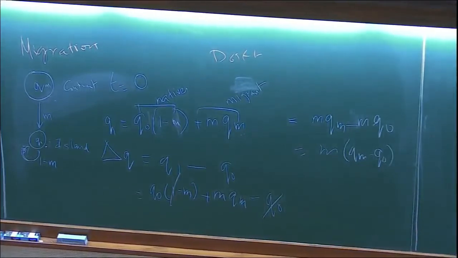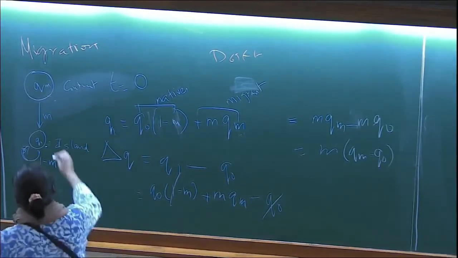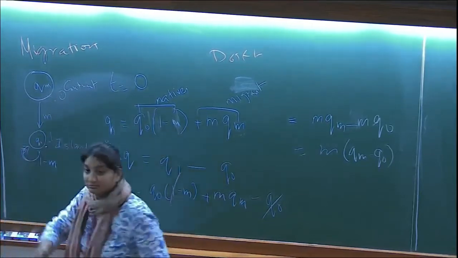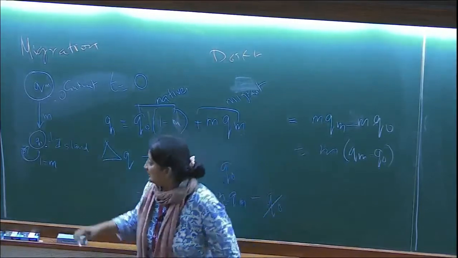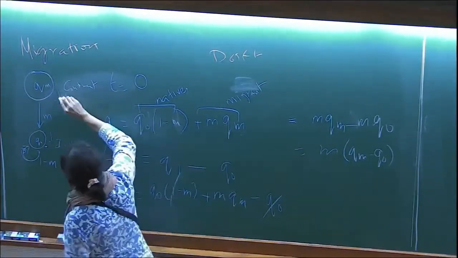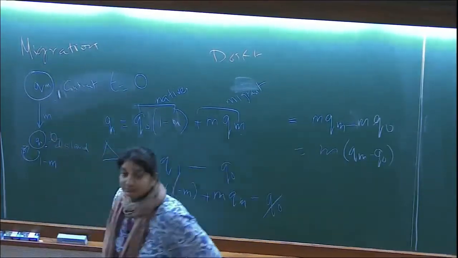Okay, this is just a formula. But what does it mean? If M is high, will the allele frequencies change quickly? Suppose Q naught is 1 and Qm is 0. Just take an example. Let's take it the other way: this is 1, this is 0.